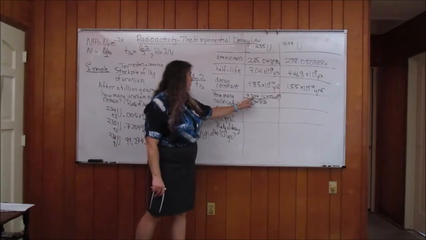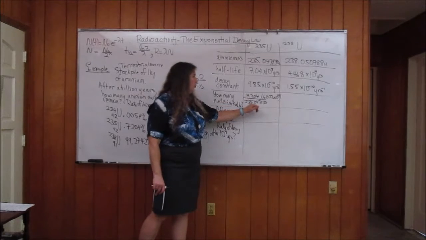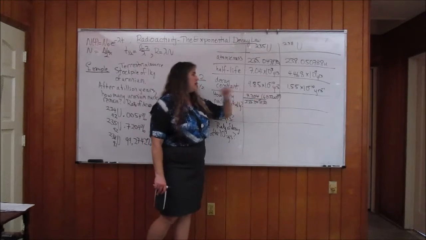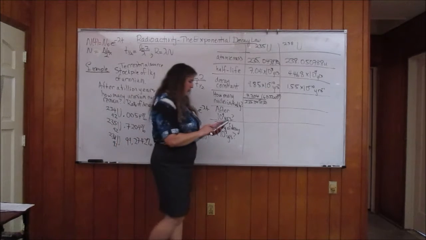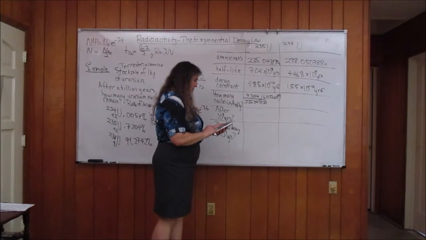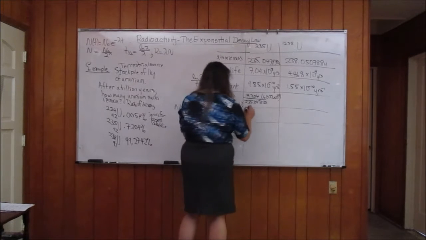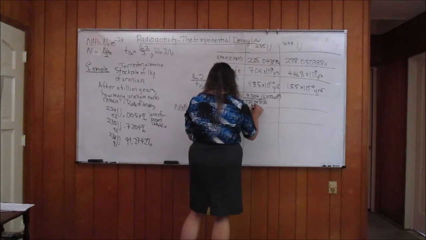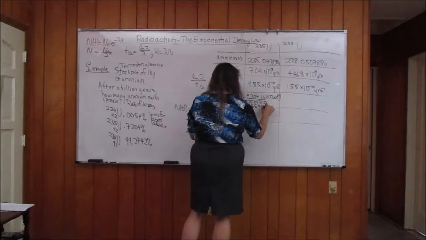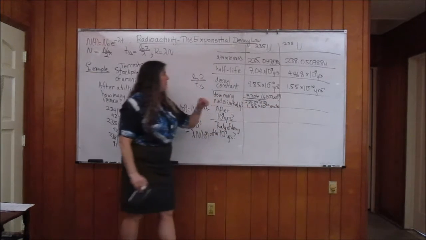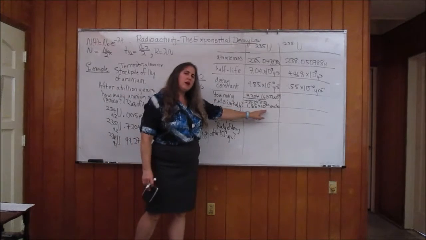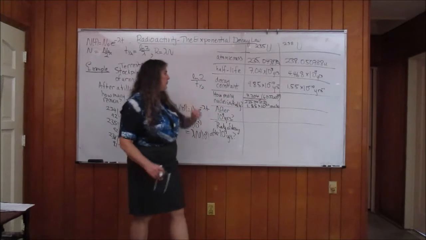This will be 7.204 over 235.043930 times Avogadro's number, 6.022 times 10 to the 23rd. Initially, there are 1.85 times 10 to the 22 nuclei of U235.